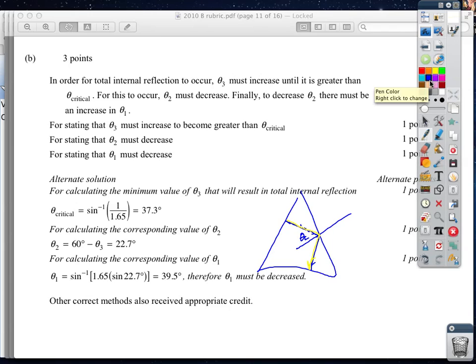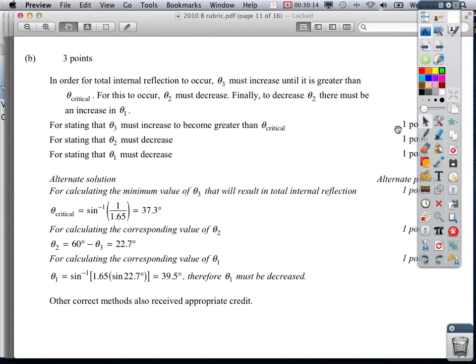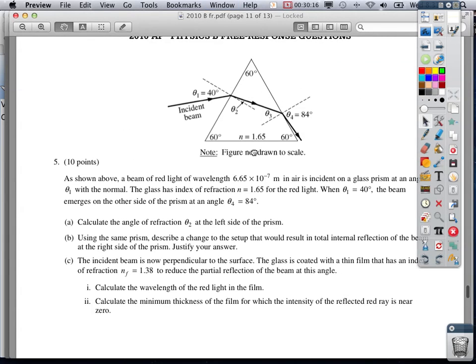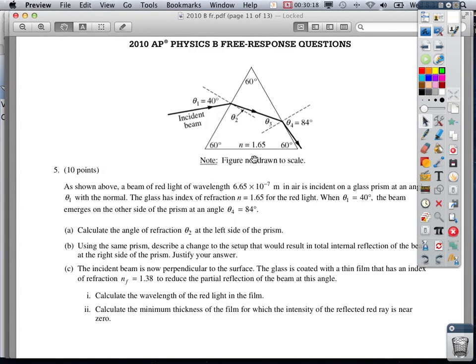So then if that's true, I can calculate whatever this angle of light is. And you can use the original drawing as your guide there. So you see what I mean? Theta 3 has to be whatever it was, 37 degrees.